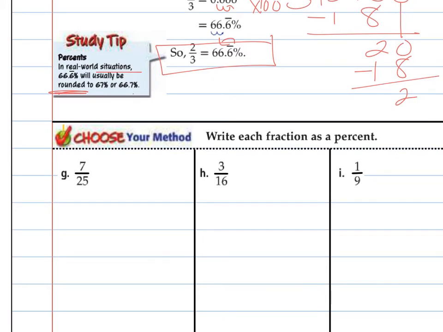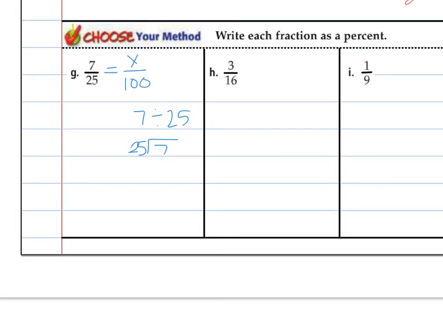So in option G here, again, you can do a proportion. So you could set this equal to how much out of 100. Or you could divide, which is set up as 7 divided by 25. Those are some options. I'm going to show you another strategy for this, though. Since I know percents are out of 100, I know that I can get this number to 100 by multiplying by 4.